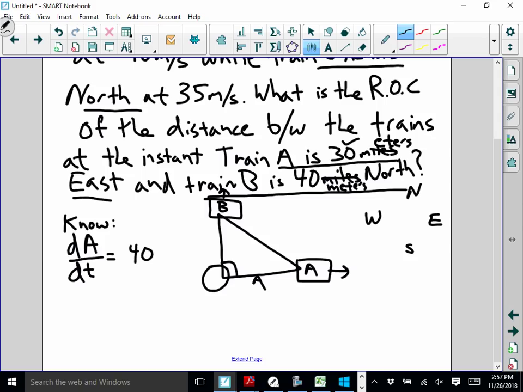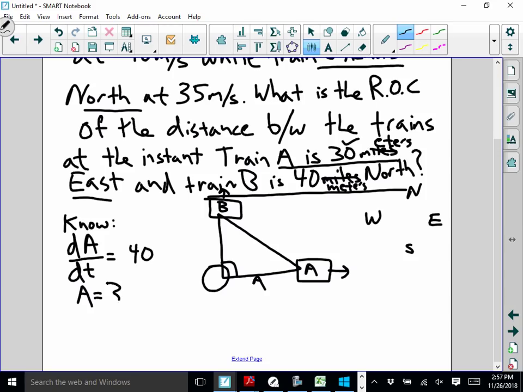Well, since it's heading away from the origin, it's getting bigger, so it needs to be a positive 40. If train A was heading towards the origin station instead of away from it, that distance A on that right triangle would be shrinking, therefore I'd use a negative number. That'd be like decreasing. So dA/dt is 40, while A is 30.